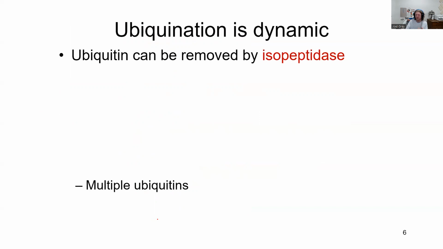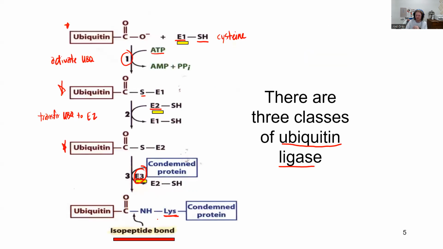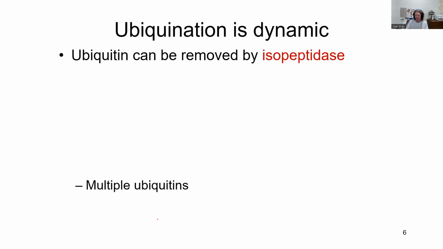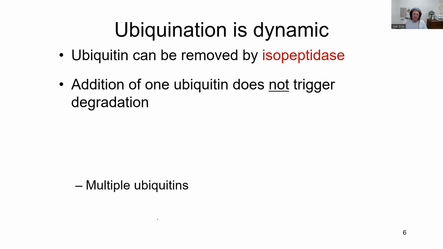The bond that's formed between our ubiquitin and a lysine is what's known as an isopeptide bond, which is what we've got at the bottom here. We can break that bond with an enzyme known as an isopeptidase. So the addition of a single ubiquitin doesn't necessarily condemn a protein to be degraded.